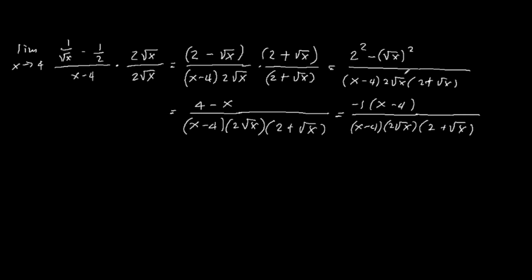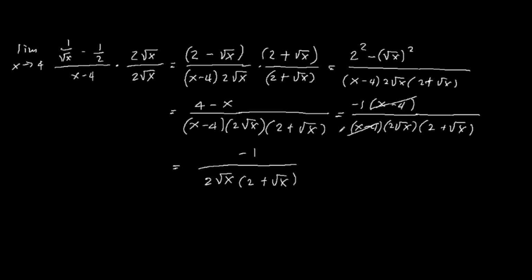We cancel out x minus 4 in the numerator and the denominator, and the remaining value is negative 1 over 2 square root of x times 2 plus square root of x.